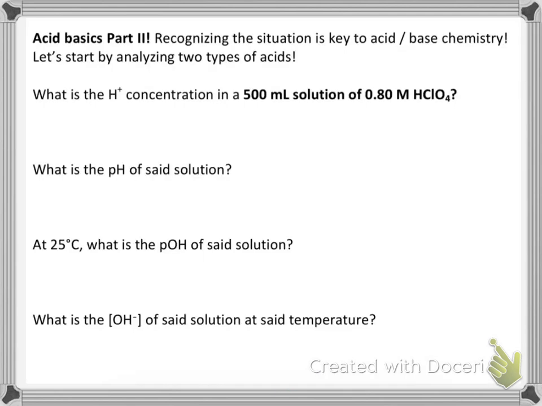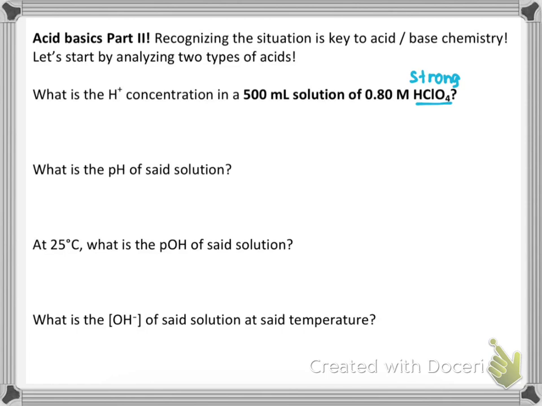We're going to start by working with HClO4. And we know from having memorized our strong acids and strong bases that this is, in fact, a strong acid. And so they're asking, when we have 500 milliliters of a 0.8 molar HClO4 solution, what is the H plus concentration?